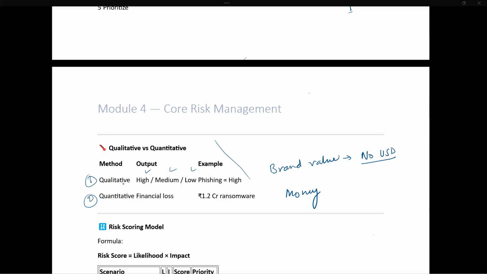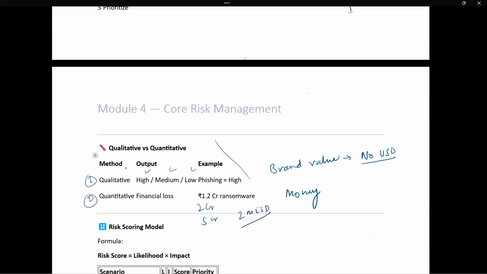Okay, so I was talking about qualitative. Qualitative you can measure in high, medium, or low. You cannot really assign a 2 crore loss, or 5 crore loss, or 2 million USD loss. This is not feasible in qualitative.